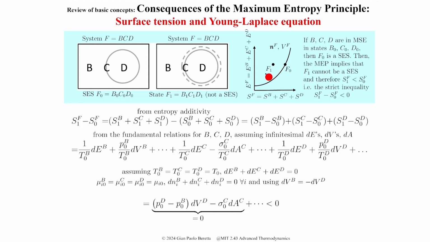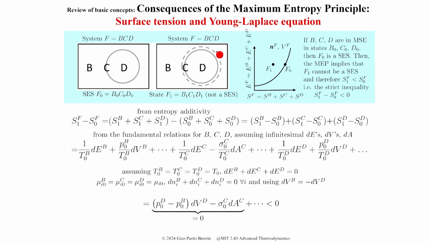We call it F1 because now I'm running out of letters. So F is the composite system of B, C, D. So this overall system is F. I'm not using letter A because now A is the area. So that's used up. Okay, so we need to construct another state.